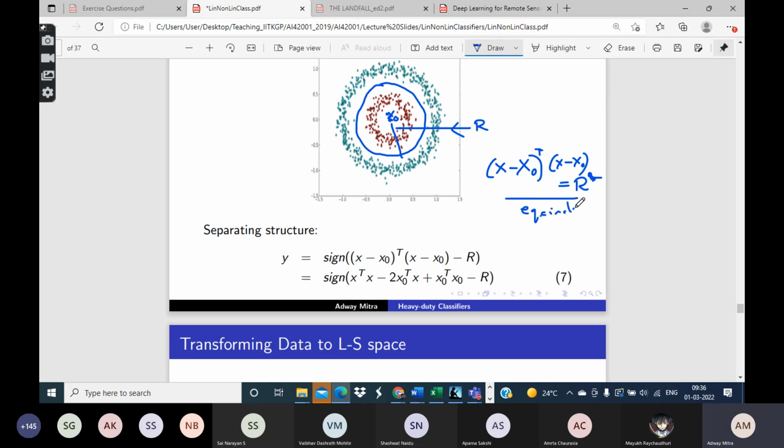In case you are wondering how this became the equation of the circle, you can just remember the familiar form of the equation of the circle.